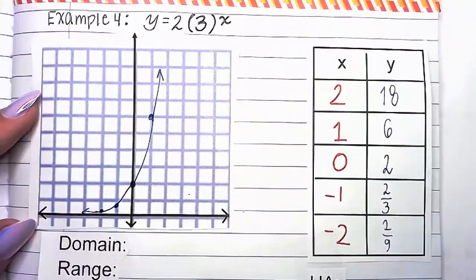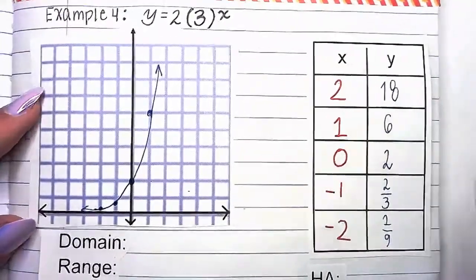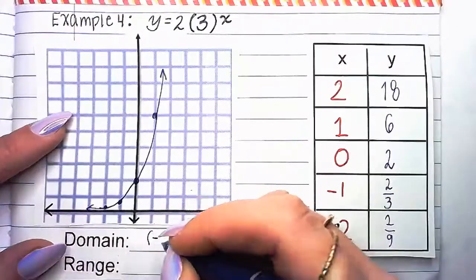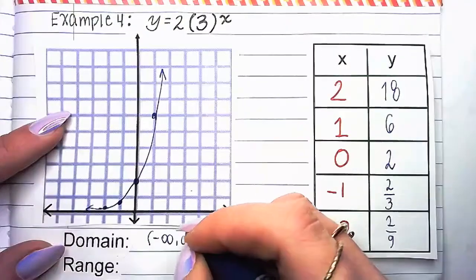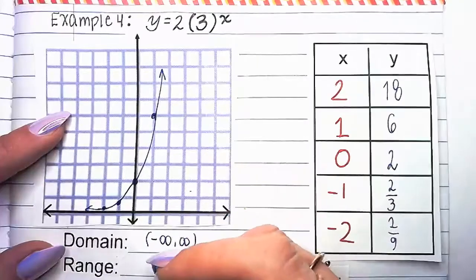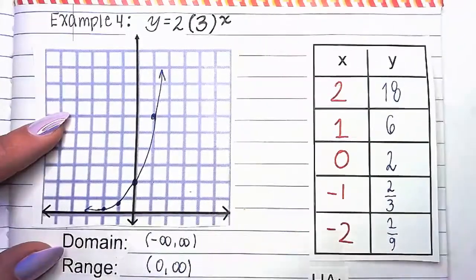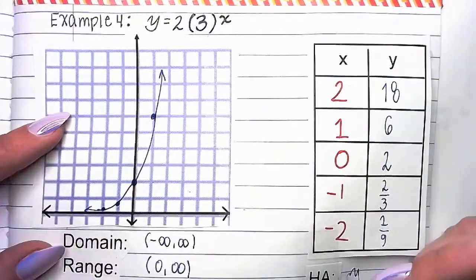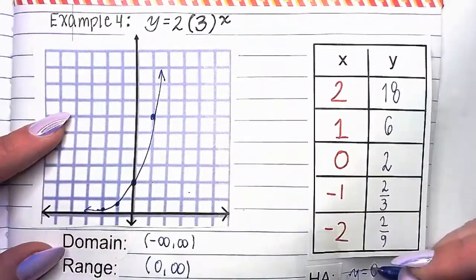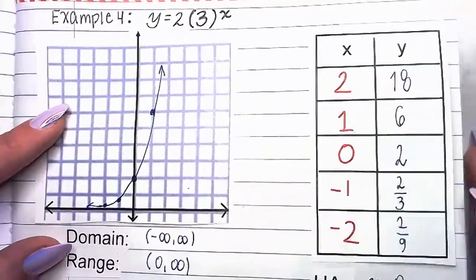And there's our graph. They all look pretty similar. The domain for all exponentials is negative infinity until infinity, and the range is from 0 until infinity. My horizontal asymptote is again y equals 0.